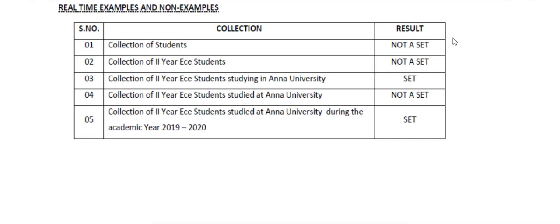Now the second example, collection of second year ECE students. You can name anything. Second year ECE students at present, there will be many ECE students, right?